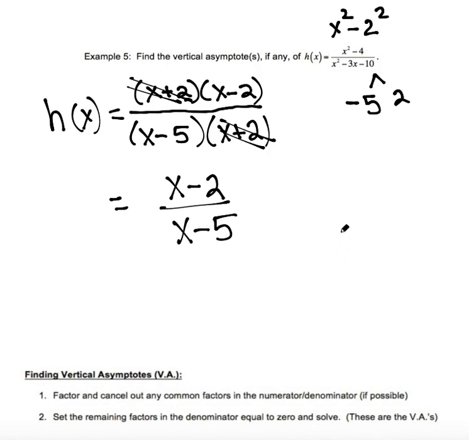Once I have it simplified, I take the remaining factor or factors in the denominator and set them equal to 0. So I just have this one factor of x minus 5 left in the denominator. To find my vertical asymptote, I'm going to take x minus 5 and set it equal to 0. That's going to give me a vertical asymptote of x equals 5.